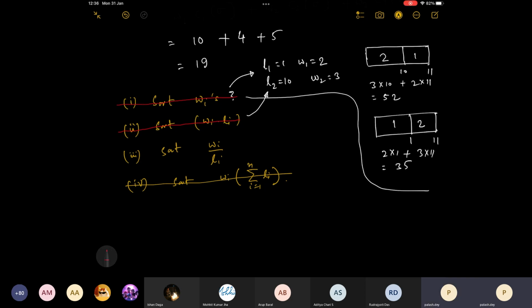Is it correct? Is it incorrect? Anyone? What do you think? Correct? Incorrect? Okay, we'll see whether it is correct or not. But you have now got a glimpse of what I mean by non-triviality in greedy algorithms.